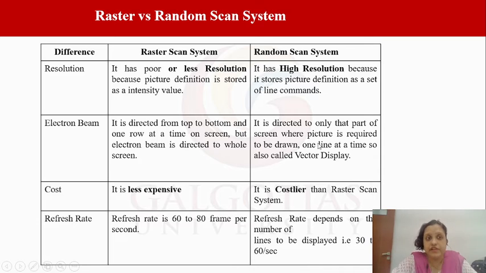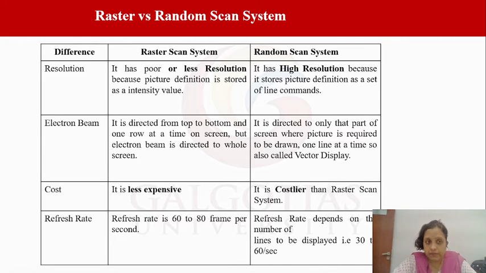What is the basic difference between raster scan and random scan system? The first difference is based on resolution. Raster scan has poor or lower resolution because picture definition is stored as intensity values. Random scan system has high resolution because it is based on a set of line commands.